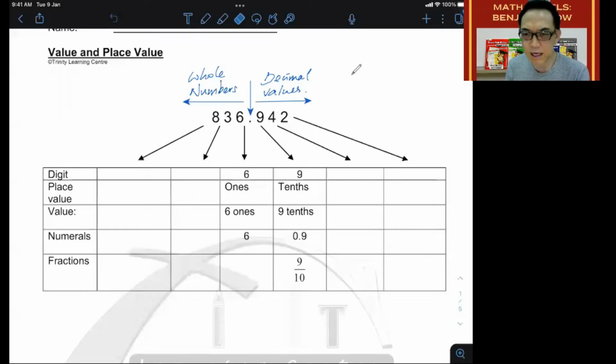To give you a simple illustration, if I said 7.8, then 7 means 7 ones or 7 wholes, or 7 complete ones. Whereas the 0.8 that you see is less than 1.